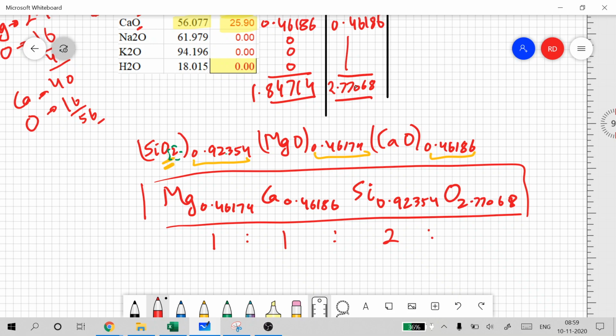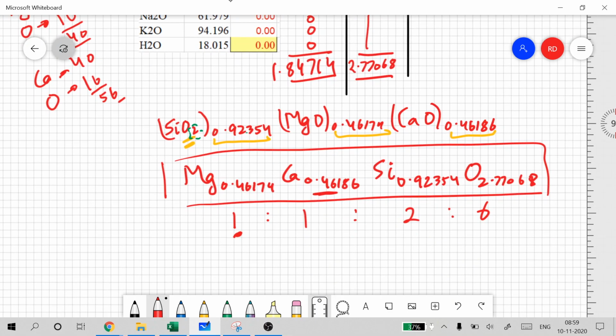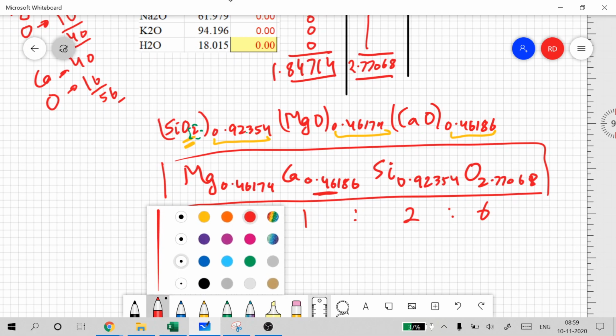You just divide that 2.77 by 0.46174. How much? I need one answer. You have to divide by these values, because this is what you are taking as 1. What is it equal to? 6, right? 6.